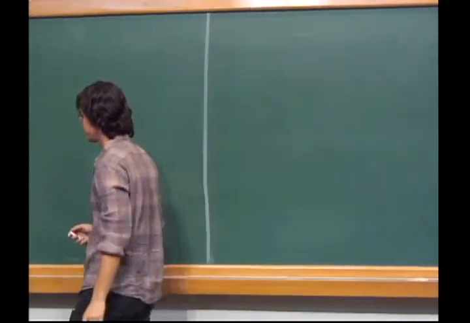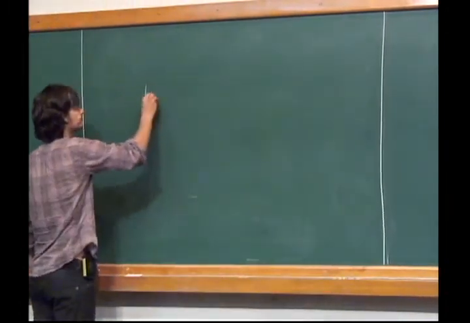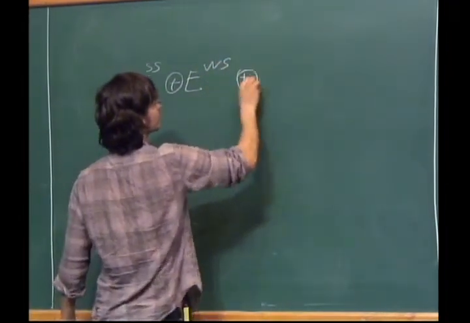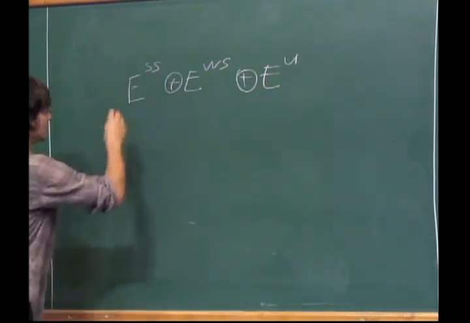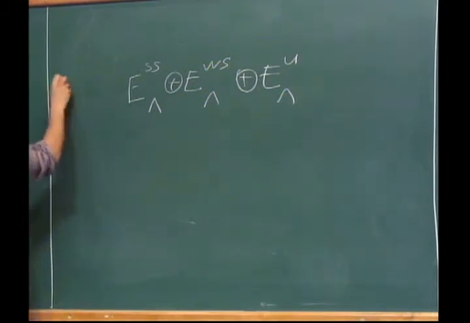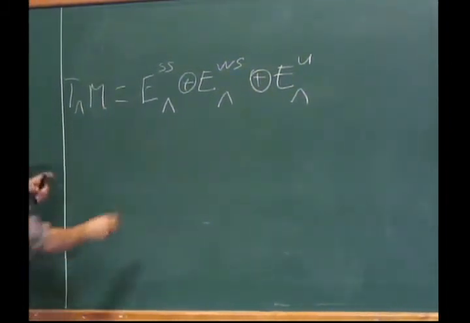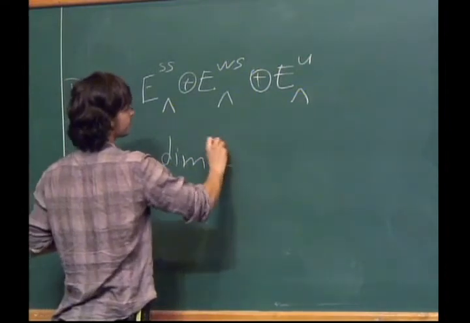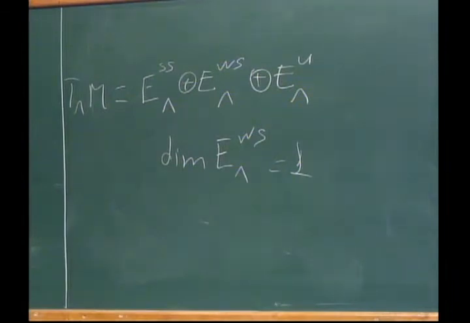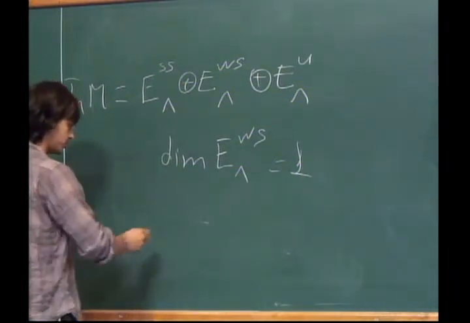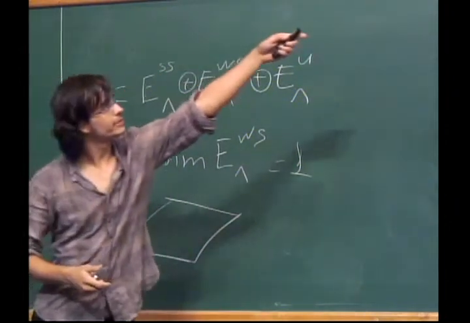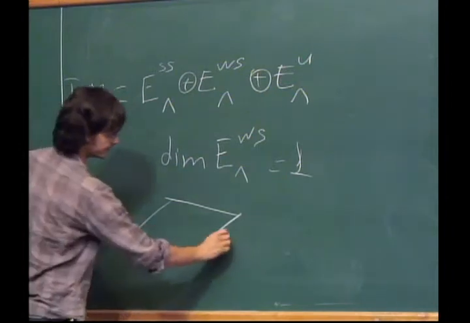We have a splitting of such that this has dimension 1. And we would like to understand this kind of geometric description on the stable leaves.